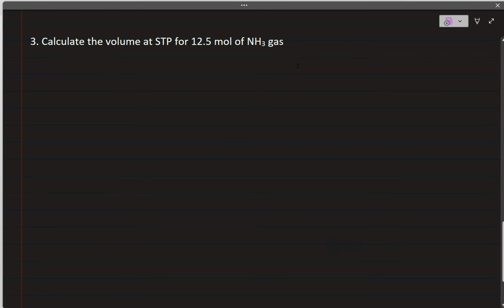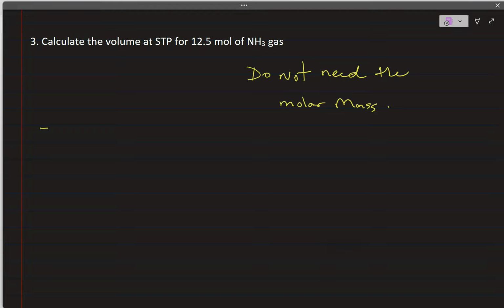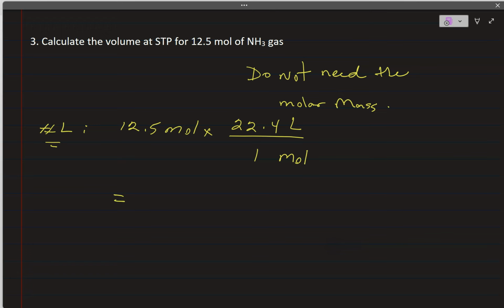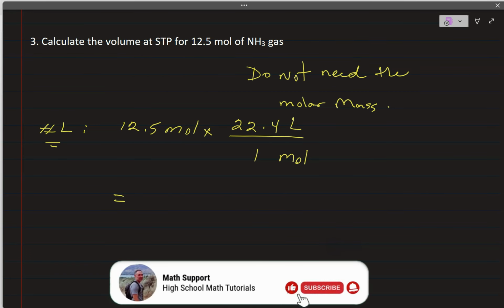We don't need molar mass at all, so don't go calculating molar mass in here. So basically, what do you need? You need the number of liters, the volume. You start with 12.5 mole times, and again mole is in the denominator because mole was on top on the left hand side, and then liter on top. 1 mole is 22.4 liters, and then you just multiply through.